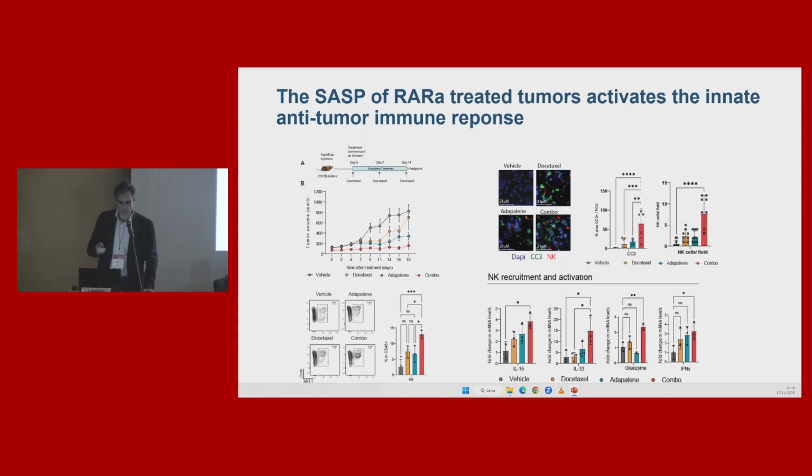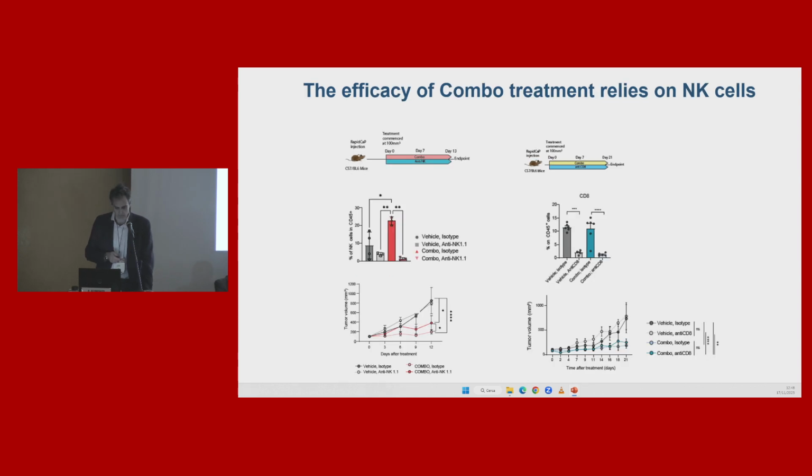And so when we went in vivo, we also noticed essentially that while they do not respond to docetaxel treatment, they efficiently respond to the combination of adapalene plus docetaxel. And this is also probably due to the fact that there is an activation of the anti-tumor immune response. Indeed, we were able to notice an increased recruitment of NK cells, which were also activated in the tumor treated only with the combination of the two compounds.